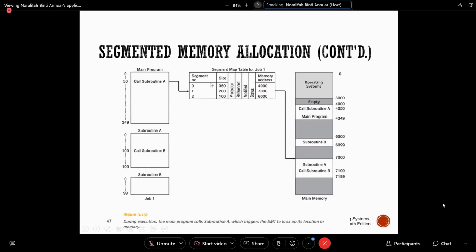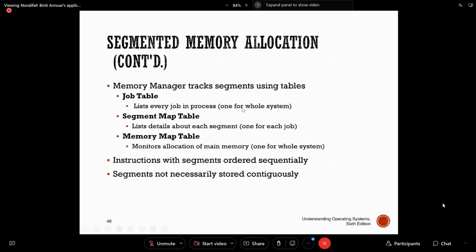It's the segment number 0. Kat sini. Semua ada. Call subroutine A. Sini lah. Keep track. So SMT, apa dalam SMT adalah semua ni. Ada this information. Dia macam complicated kan sebab dia dah segmented and then they can be like loaded like dynamically into memory. Okay.